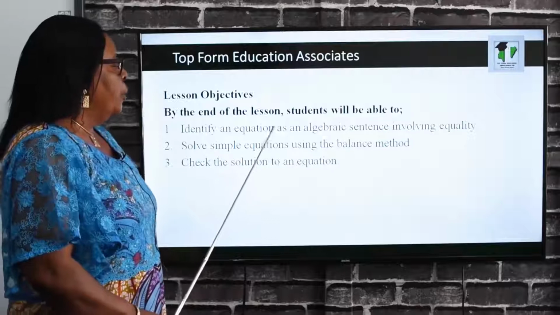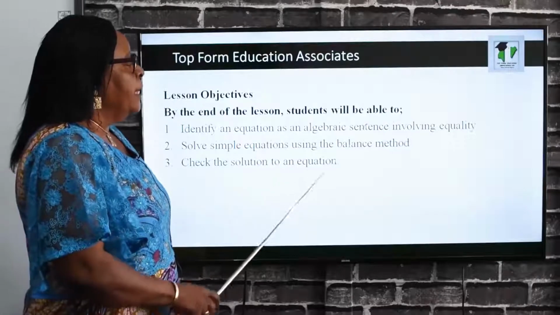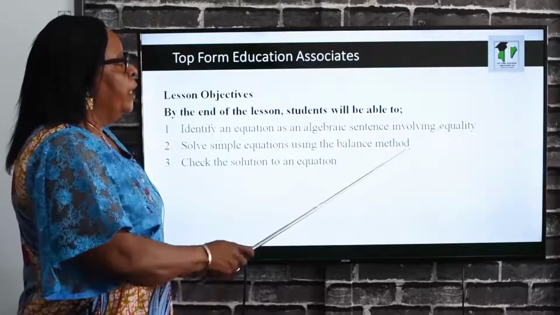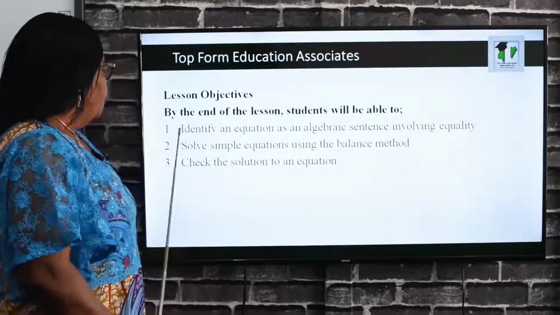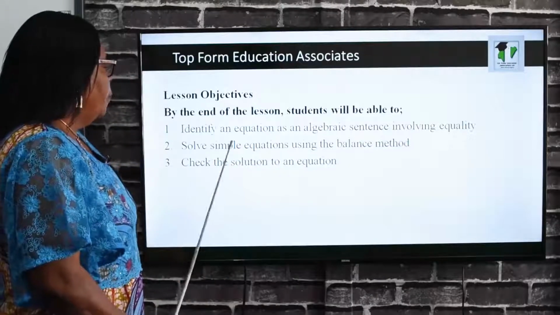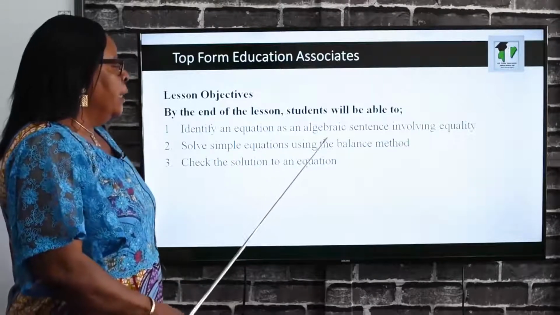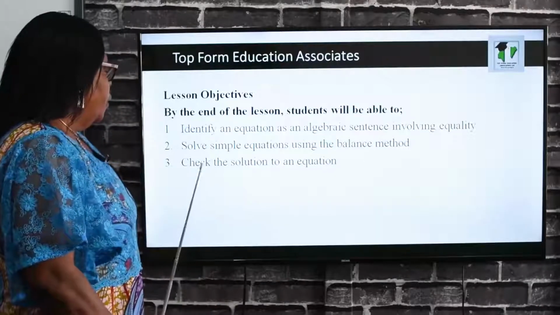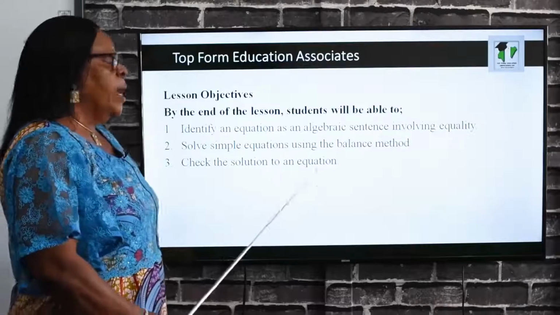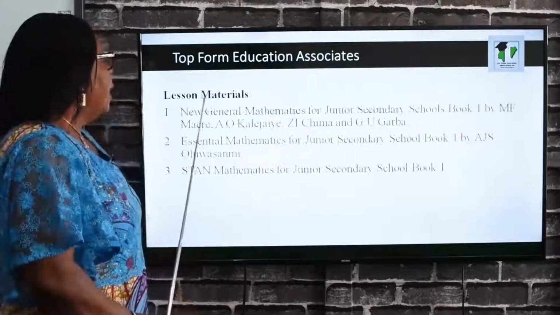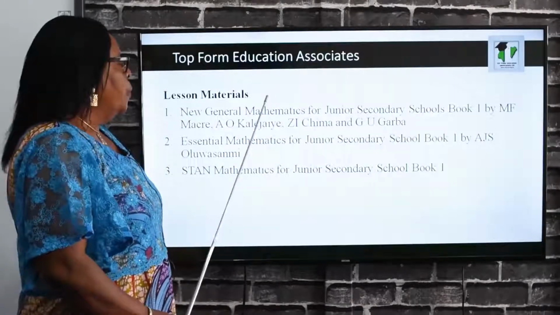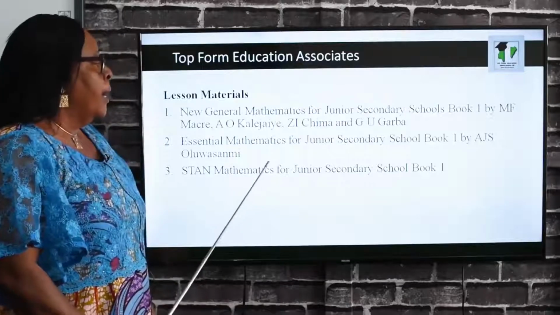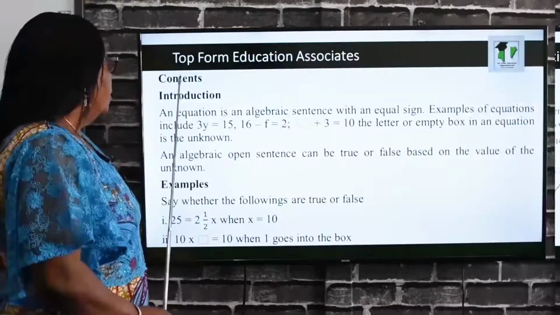Identify an equation as an algebraic sentence involving equality. 2. Solve simple equations using the balance method. And 3. Check the solution to an equation. Our lesson materials include all our textbooks.